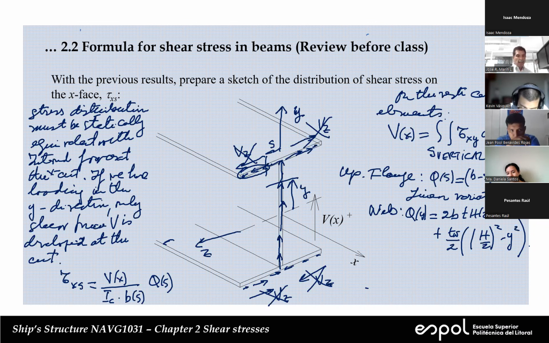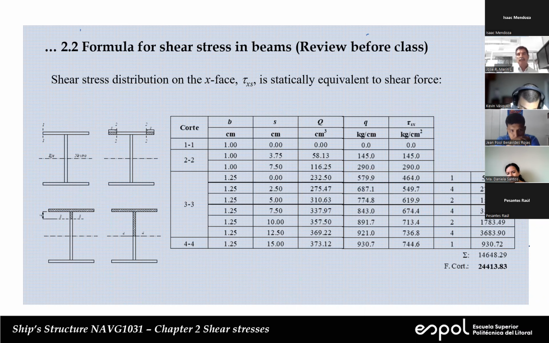Okay. Now, in the next slide, this is something that you have in your class notes. It's a table that I prepared doing different cuts in this section. Unfortunately, I changed the notation. Here I have the cuts. I have 2, 2, 3, 3, 4, 4, and those are different names than the ones that we employ.